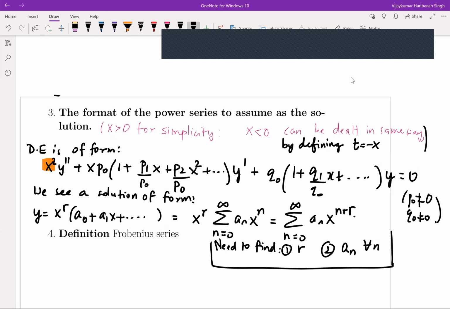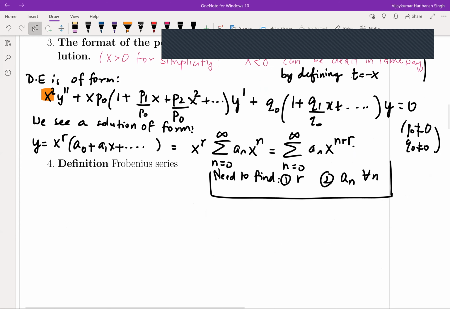These are the two things we need to find to get the solution. Note here that r need not be an integer, r need not be a positive integer. So to approach such problems, we define a special kind of series called a Frobenius series.